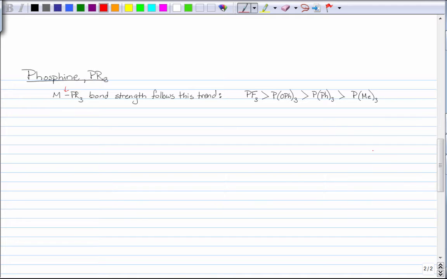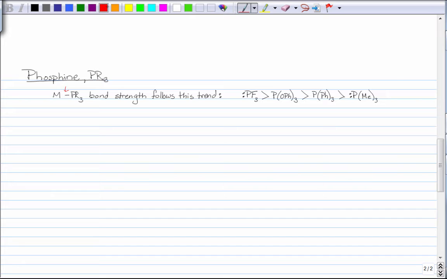This is counterintuitive because you would expect the electron donating substituents on the trimethylphosphine to make the lone pair of electrons on the phosphine ligand a better base than in the case over here where we have trifluorophosphine. The electron withdrawing fluorines should make this a weaker base.